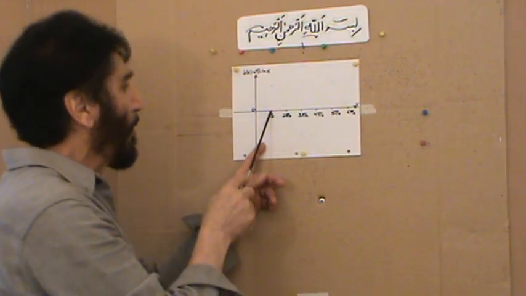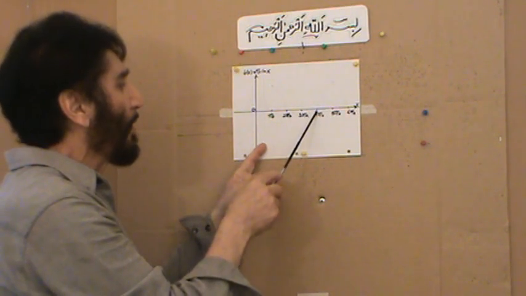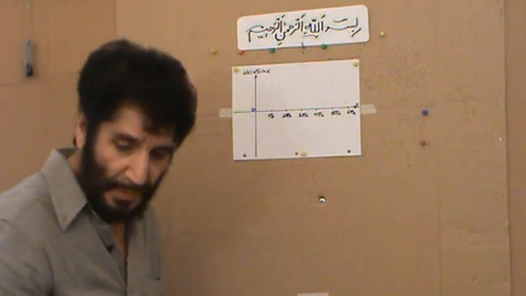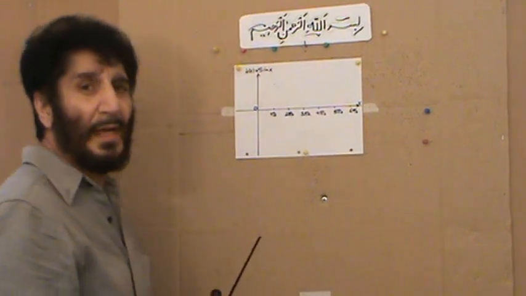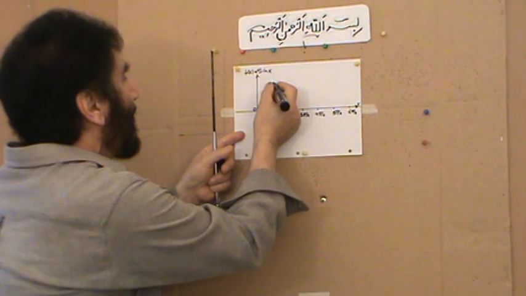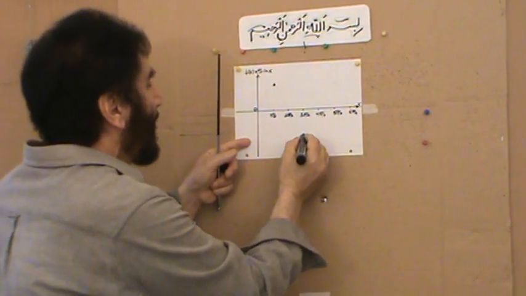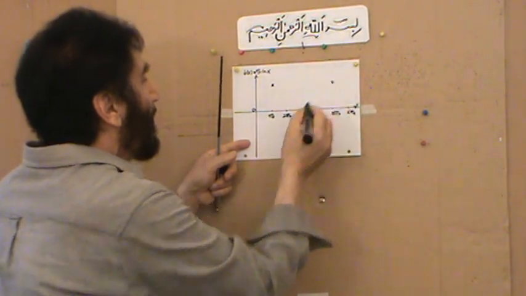So you can see it's 1 pi over 2, 2 pi over 2, 3 pi over 2, 4 pi over 2, 5 pi over 2, 6 pi over 2, and so on. The odd multiples of pi over 2 give me the maximum and minimum. 1 pi over 2, for example, is here, that's the maximum. Then 3 pi over 2 is negative 1. Then again 5 pi over 2 is my maximum.